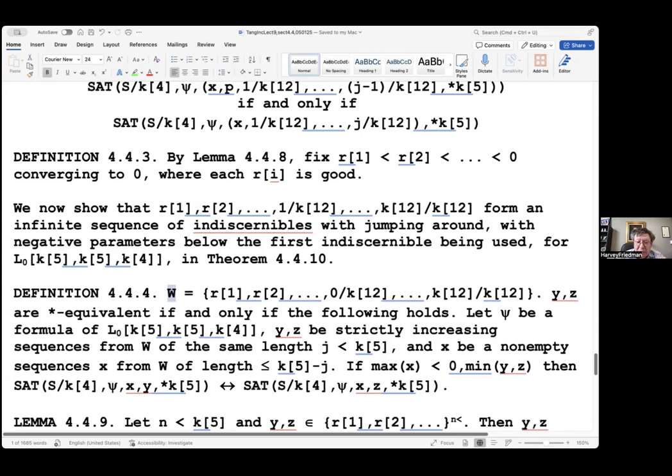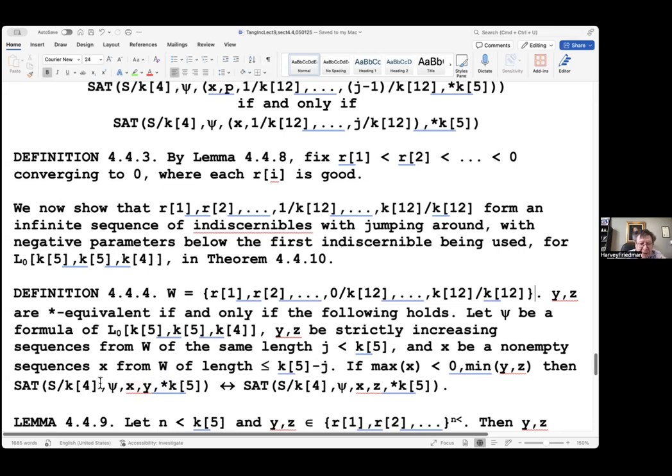I think I meant to put an exponent in here, didn't I? Oh, here. Well, yeah, Y, okay, no, that's fine. Y and Z are star equivalent if and only if the following holds. Let psi be a formula and Y and Z be strictly increasing sequences from this set of the same length.